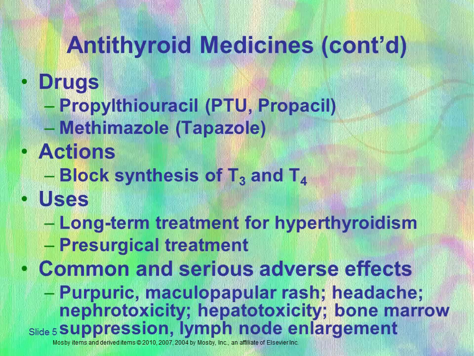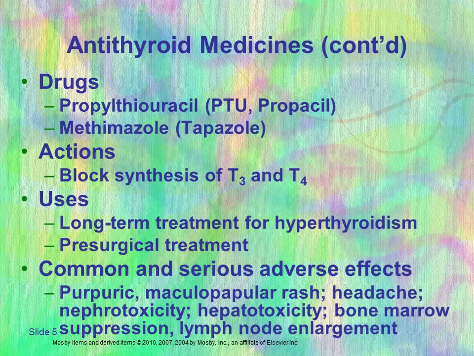Keep in mind that the PTU and the methimazole don't destroy tissue, don't destroy the T3 and T4 that's already in circulation. So it can take up to 3 weeks for the patient to see improvement in symptoms, depending on how much is circulating. So that has to be used up and destroyed by the body before they start to see symptom improvement.